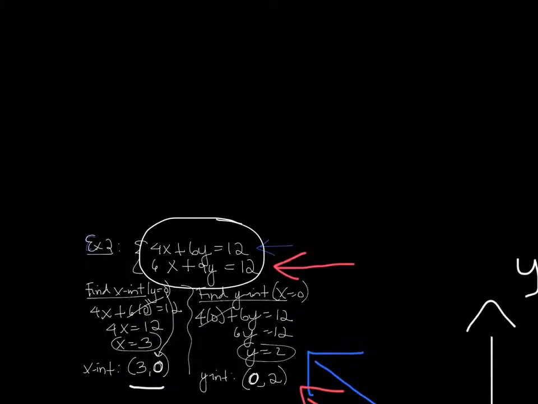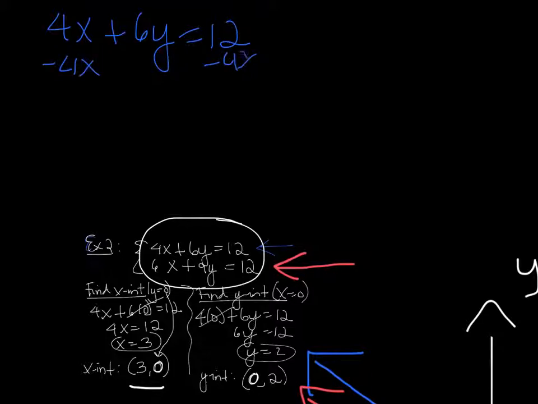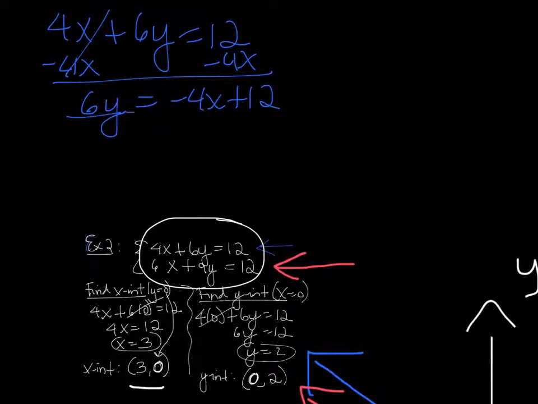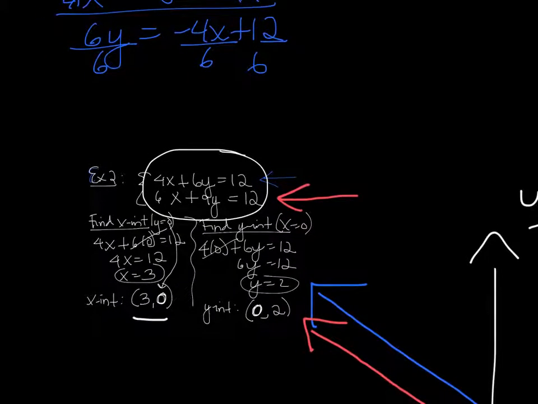If I put the first equation in slope-intercept form, I would subtract 4x from both sides, I get 6y equals negative 4x plus 12, and divide by 6 on every term, and I would get y equals negative 4/6 x plus 2.